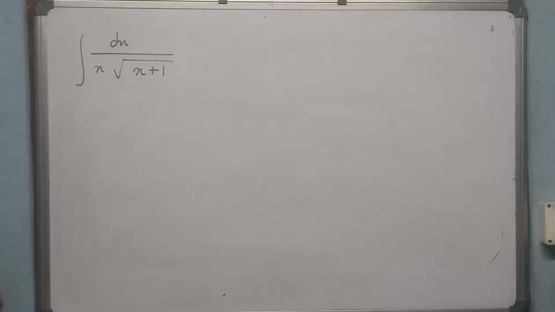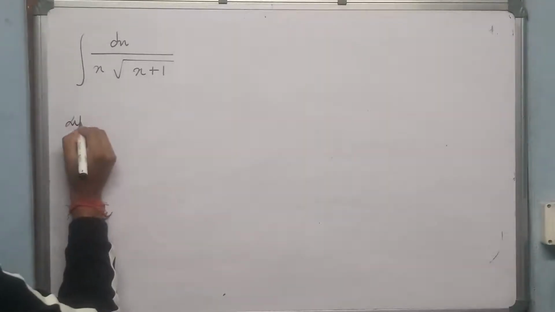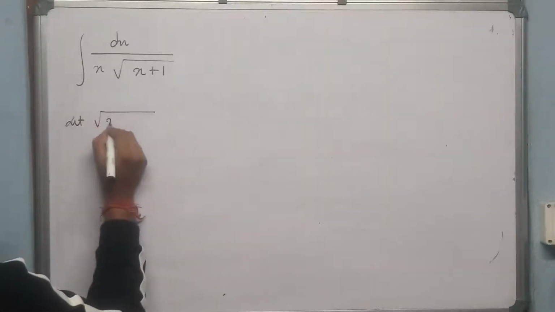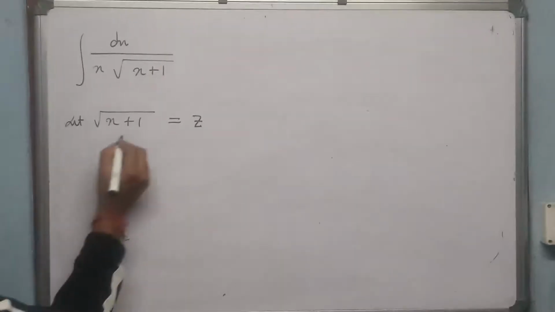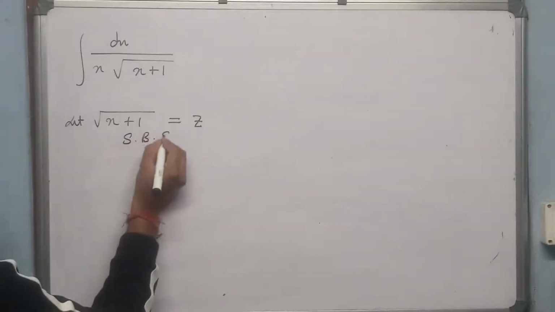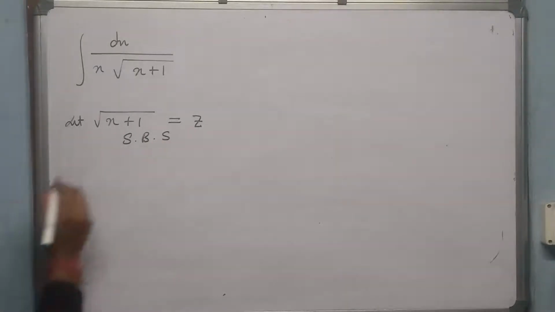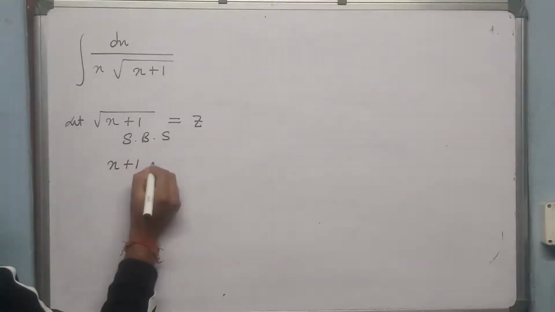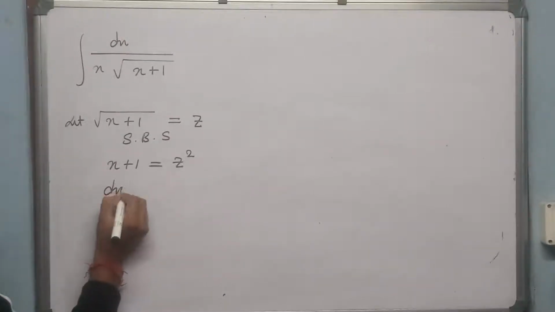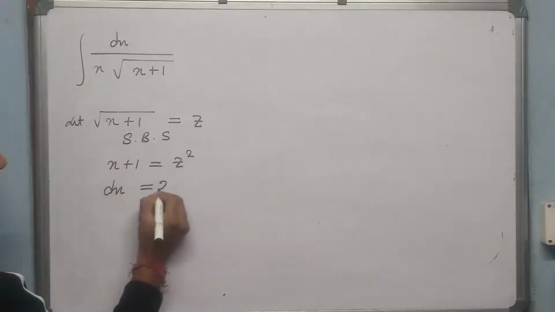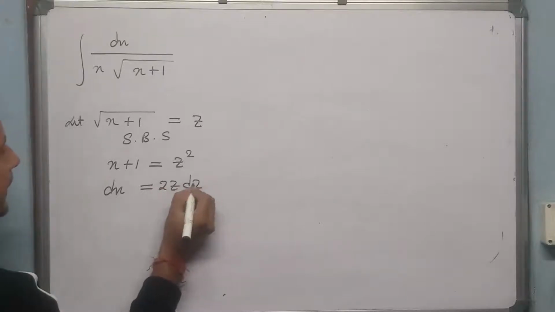For this kind of question, let under root x plus 1 be equal to z. Then squaring both sides, x plus 1 is equal to z square. Now differentiate: dx, the derivative of 1 is 0, so it is 2z dz.